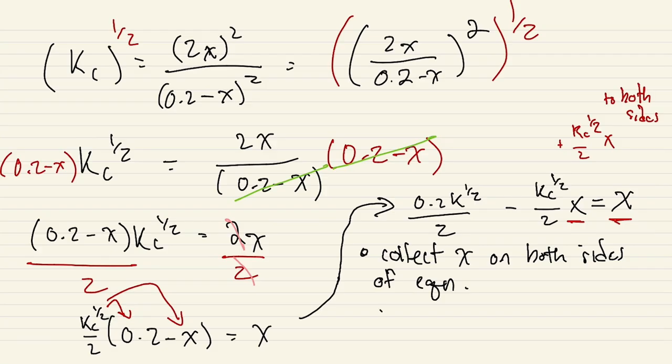So that gives us 0.2 Kc to the 1/2 over 2 is equal to Kc to the 1/2 over 2 x plus x. This isn't necessarily the same way that I would do this, just because this is a little bit more algebra. And you could plug in values at this point too and simplify things if you want.